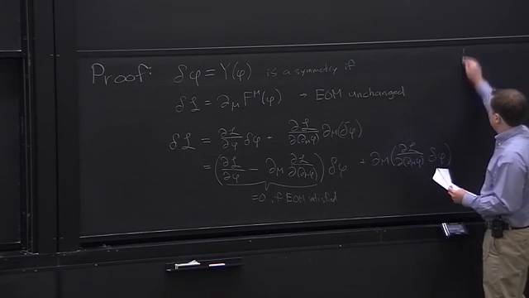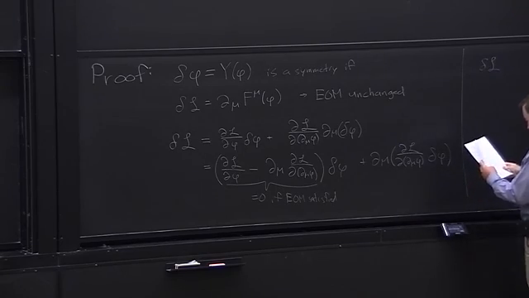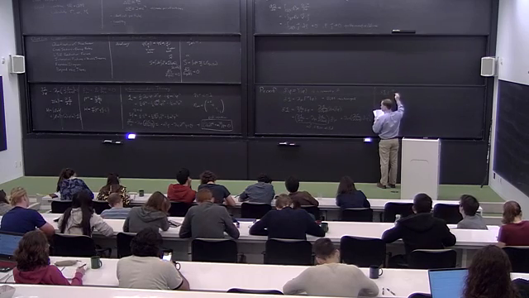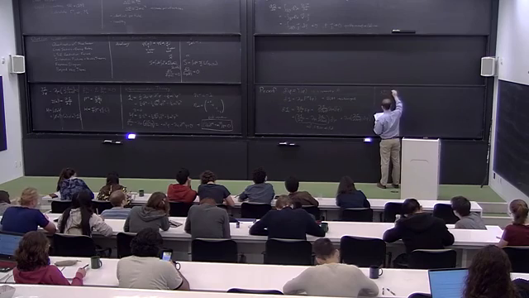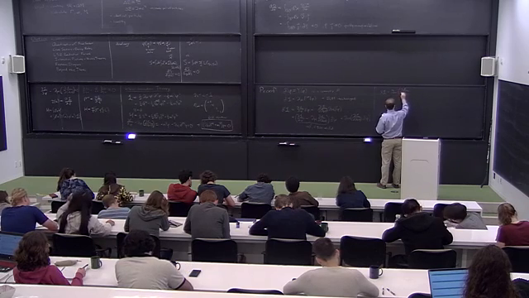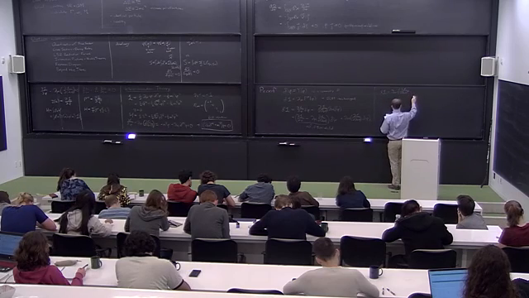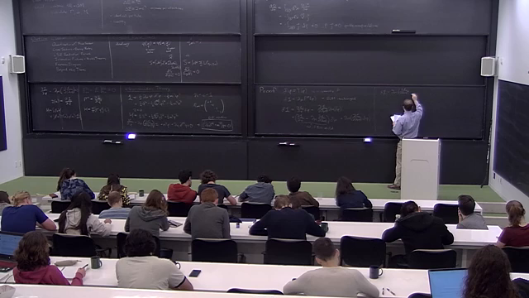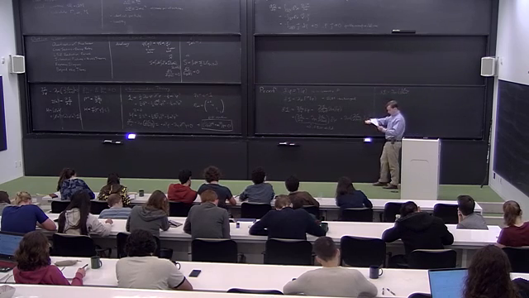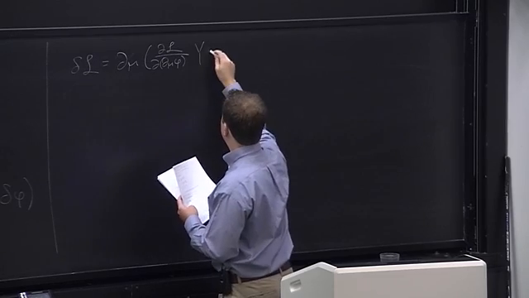Okay. So that tells us the variation in the Lagrangian is this term, ∂_μ (dL/d(∂_μφ) δφ). And let's now assume that this variation is a symmetry. Then the variation is Y of φ.